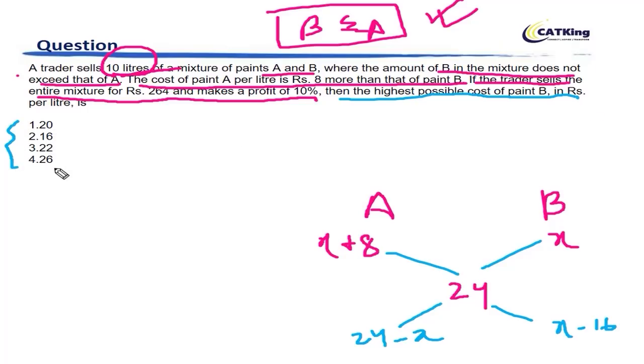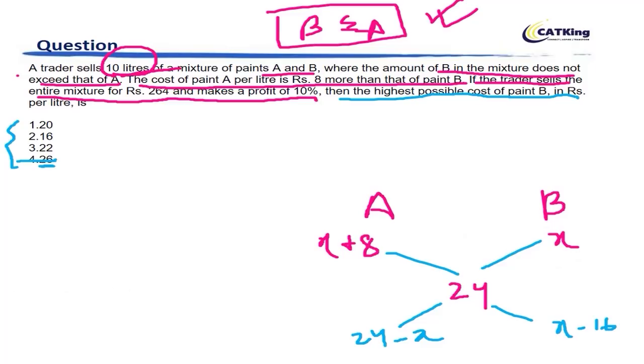Now if I put X equal to 26, this becomes 10 and this becomes minus 2, which is not possible, and hence we can't take this ratio. So 26 is not a possibility. You can check it from here also.